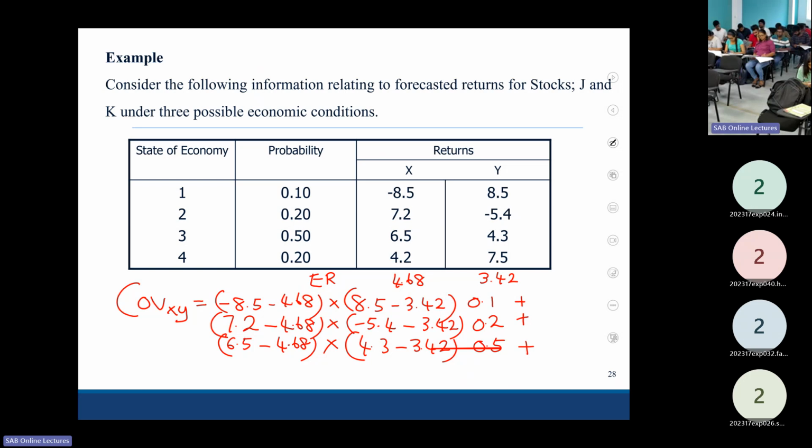The last, forecasted 4.2, deviation from the expected, and for Y 7.5, multiplied, probability is 0.2. So get the total. That is the covariance.